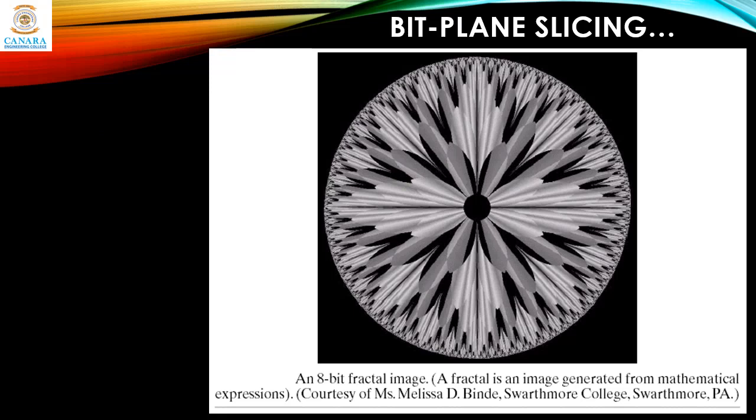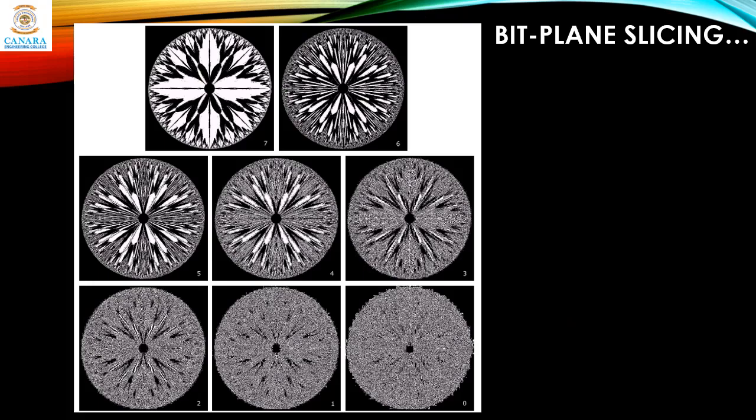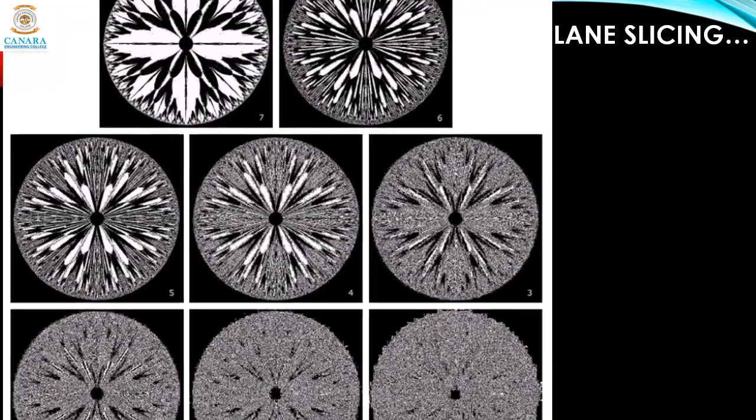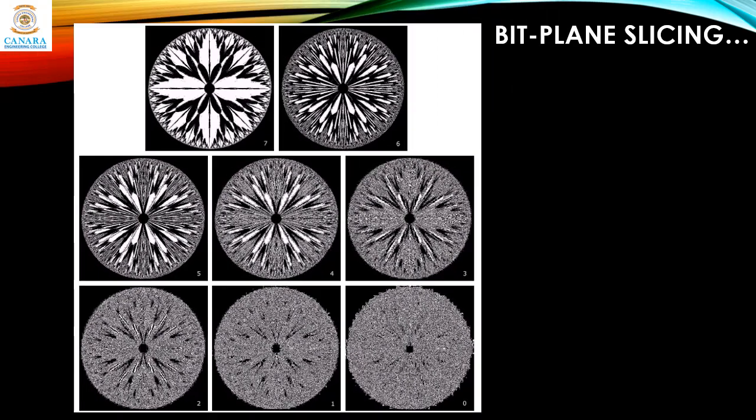So this is an 8-bit fractal image. A fractal image is basically generated from mathematical expressions, and it's a good looking image with full details. Now if you analyze the contribution made by each bit, you can see here this is the 7th bit, the MSB, this is the 6th, and as you move to the 5th, 4th, 3rd, 2nd bit, 1st bit, and the 0th bit, which is the LSB. You can see the 0th bit basically doesn't give you any information.